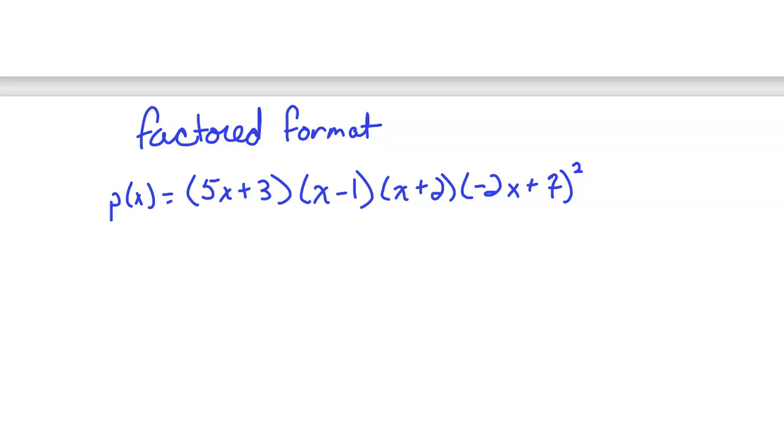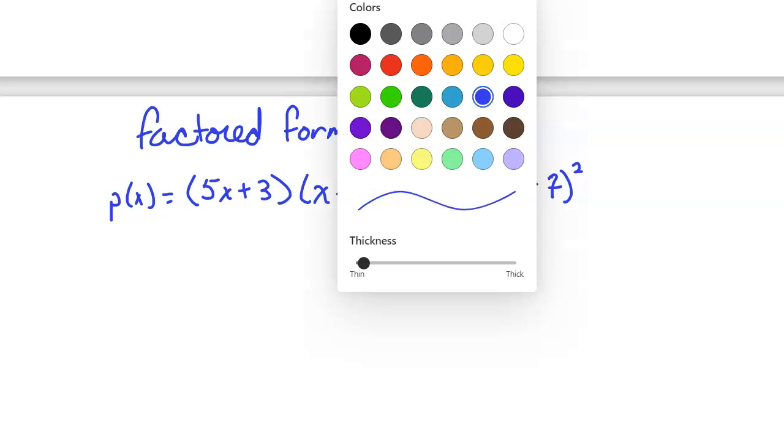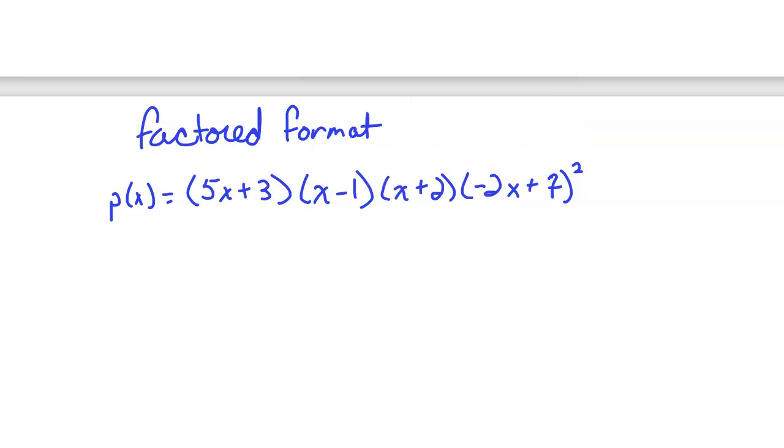So our leading coefficient isn't the one that's just sitting out front now. We have to look at everything. Whenever it's in factored format, we have to look at the values sitting in front of all of our x's. We also have to be careful of our exponents, because our leading coefficient is actually all of the coefficients of our x's multiplied together.